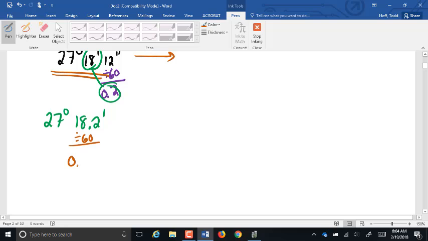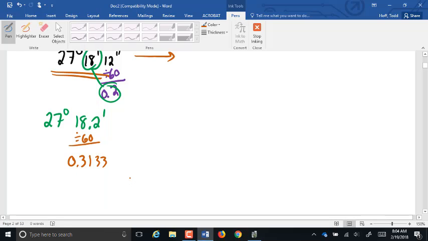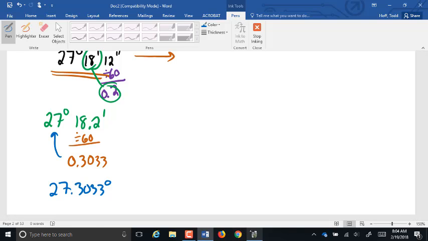So divide that by 60 is 0.3033. So that gets added to our 27 degrees. That's 27.3033 degrees.